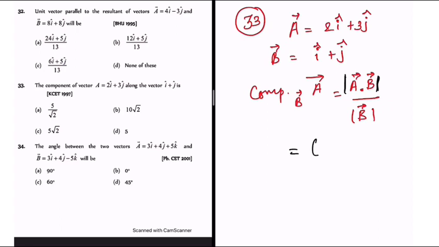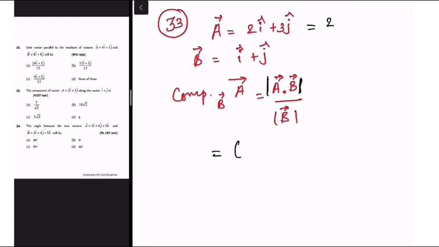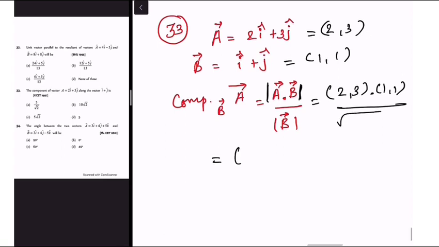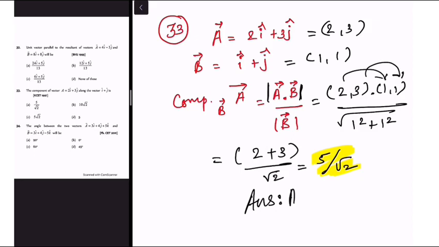What is A dot B? A can be written as 2 comma 3. B can be written as 1 comma 1. 2 comma 3 dot 1 comma 1 upon magnitude of B, that is under root x square plus y square, 1 square plus 1 square. So 2 into 1 is 2, 3 into 1 is 3, 2 plus 3 upon root 2. Your answer is 5 upon root 2. Answer A for question number 33.